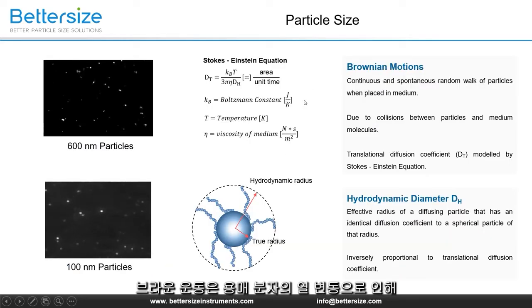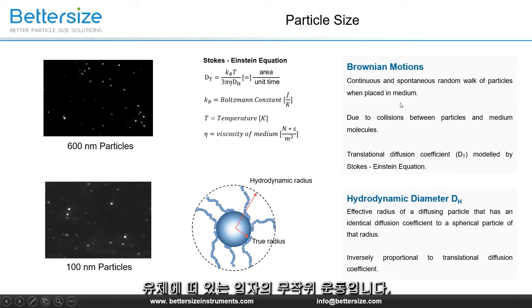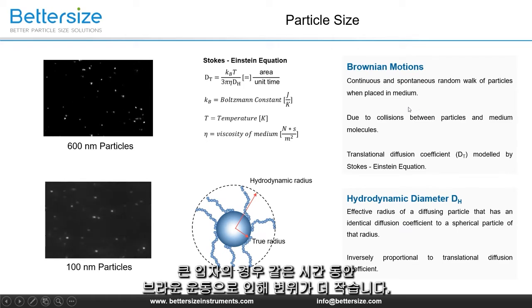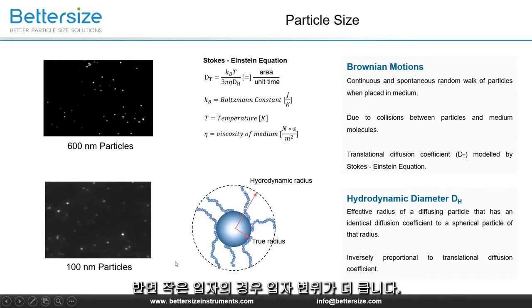Brownian motion is the random motion of particles suspended in a fluid, resulting from thermal fluctuation of the solvent molecules. Due to Brownian motion, in the same time period, for bigger particles, the displacement is smaller. On the other side, for smaller particles, the particle displacement is larger.